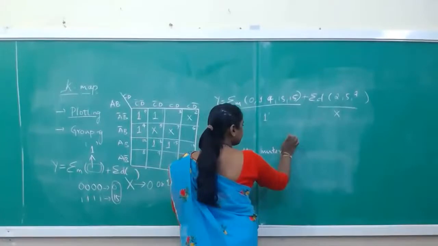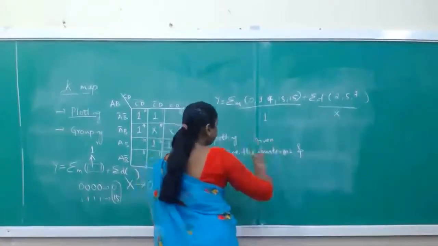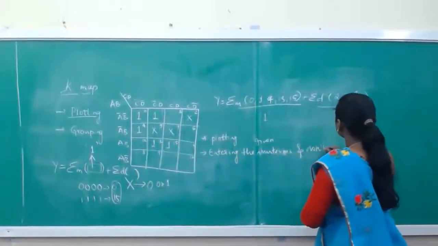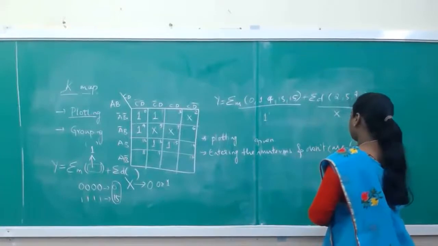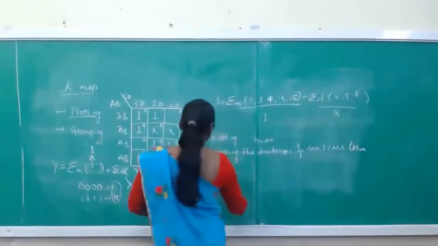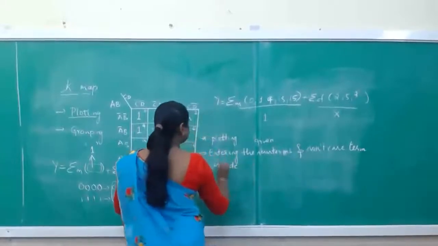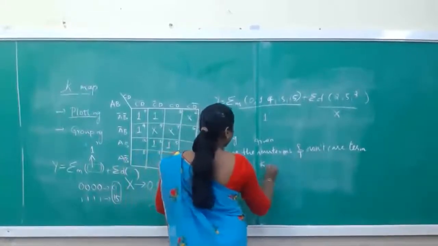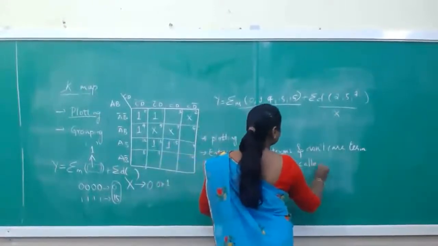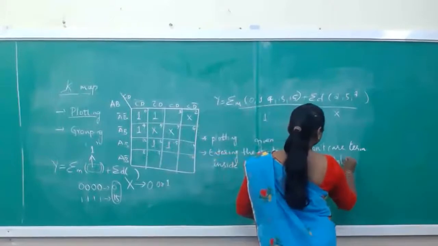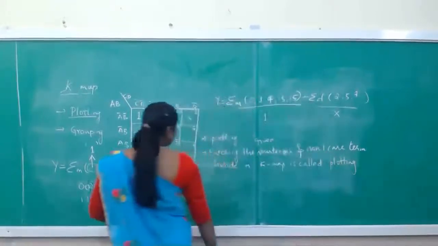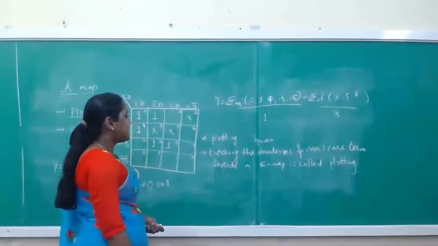Entering the given min terms and don't care terms inside a K-map is called plotting. Right? Entering the given min terms and don't care terms inside a K-map is called plotting.